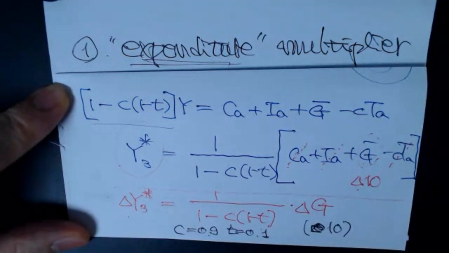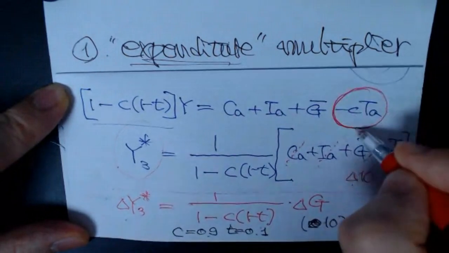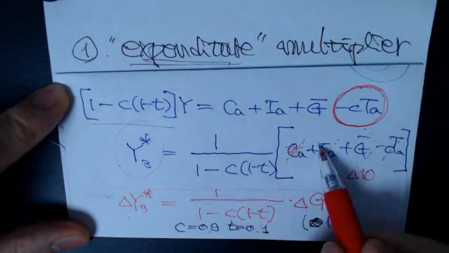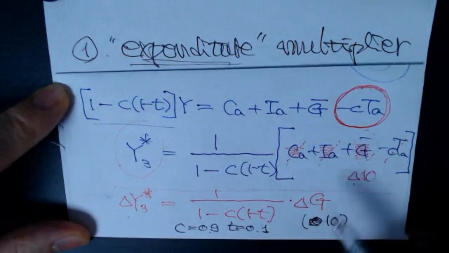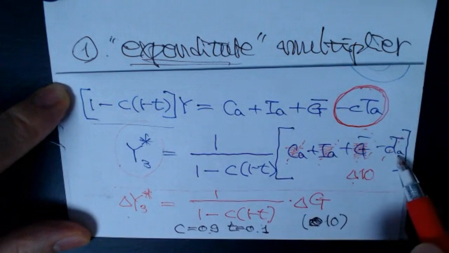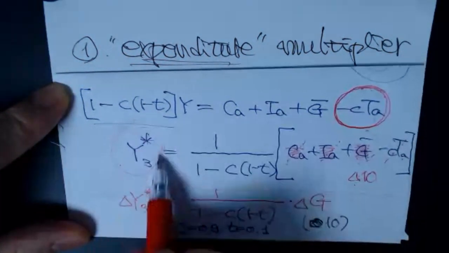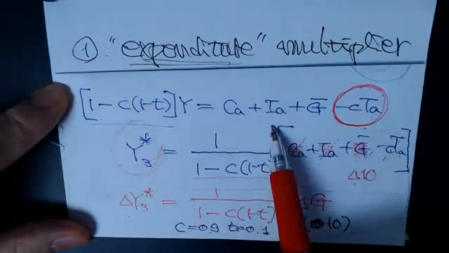Now we are interested in the impact of this. So CA remains the same, investment remains the same, government spending remains the same, but when this tax changes, how much will national income, national output change? So same, this proportion.